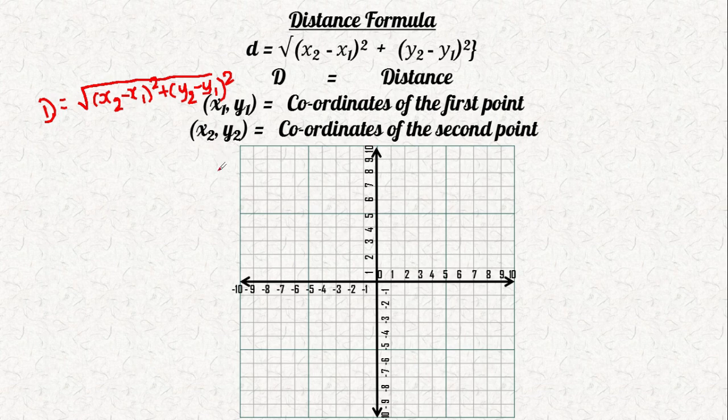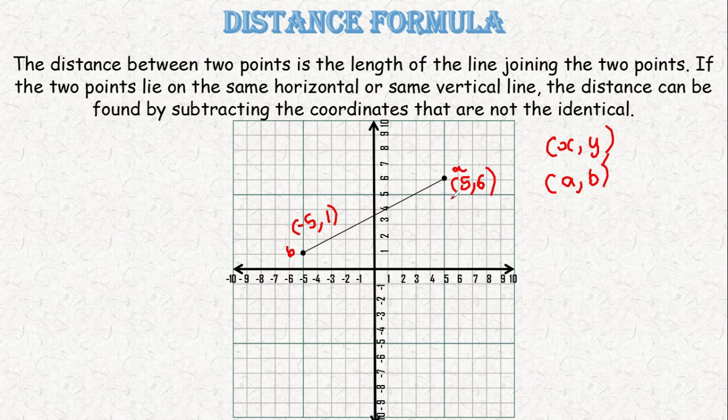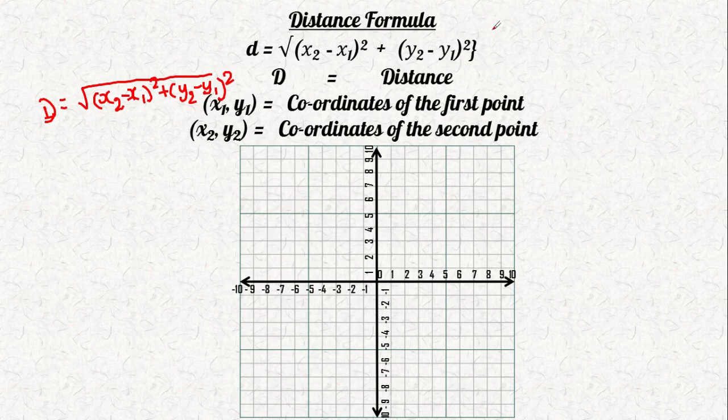Let me take the same example, 5 comma 6 and minus 5 comma 1. So the 2 points are 5 comma 6 and minus 5 comma 1. Let's find the distance between these 2 points. Here this is x1, y1, x2, y2.